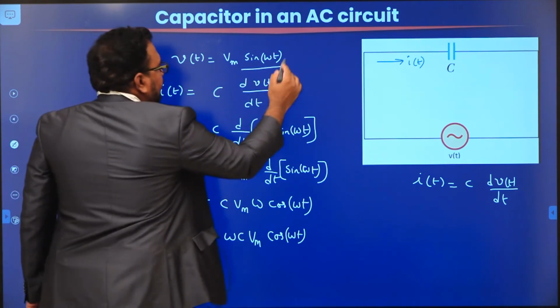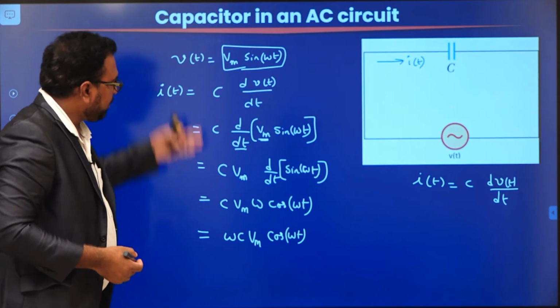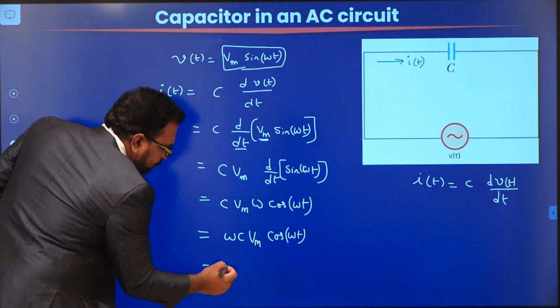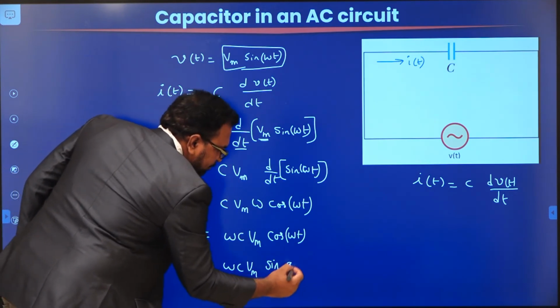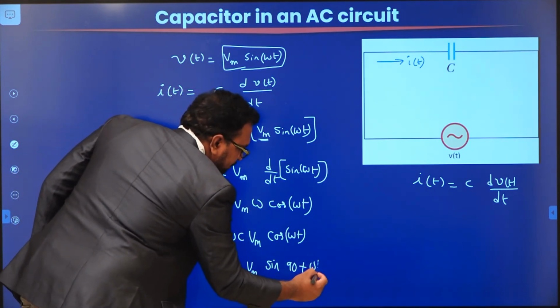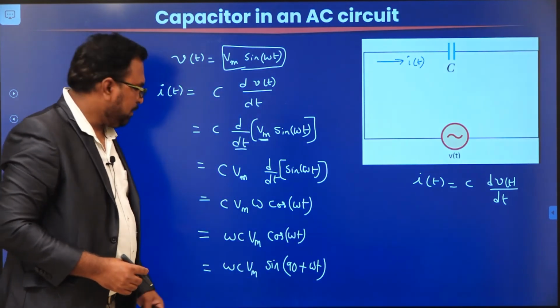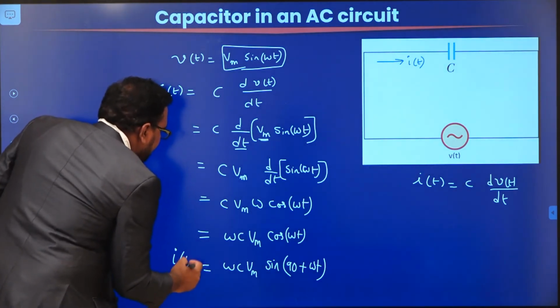But I already told you that we have to represent it in sinusoidal terms. Either voltage or current has to be represented in sinusoids only. So convert this cos into sin. Omega C into Vm into sin of 90 plus theta, because sin of 90 plus theta is nothing but cos theta. So this is the final expression for current.